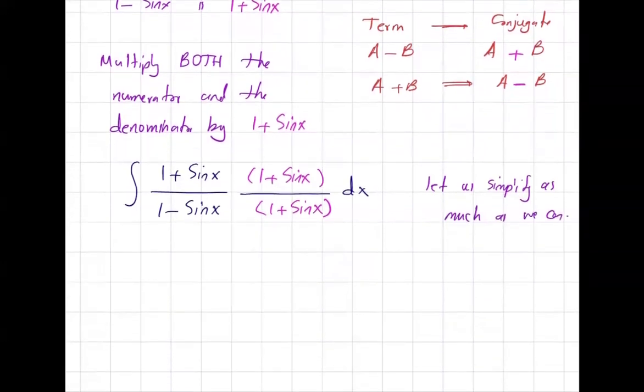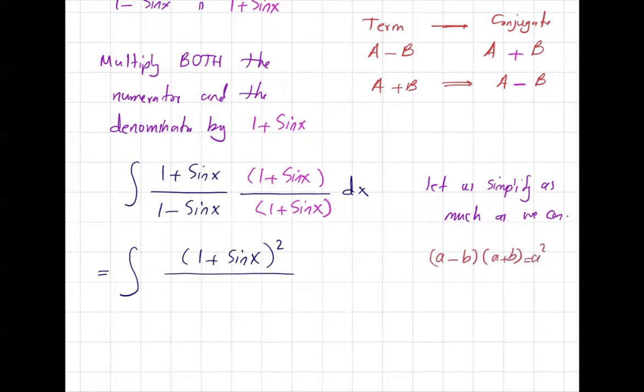Here we go. Your integral becomes, on the numerator, 1 plus sine x raised to power 2. On the denominator, I have a minus b. From algebra, if you have a minus b times a plus b, this is a squared minus b squared.